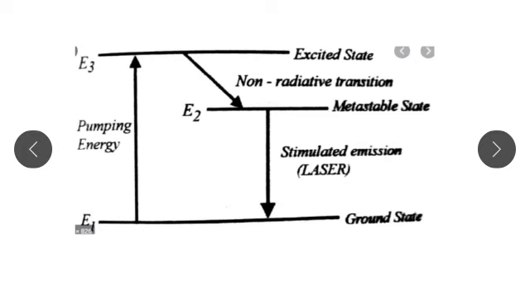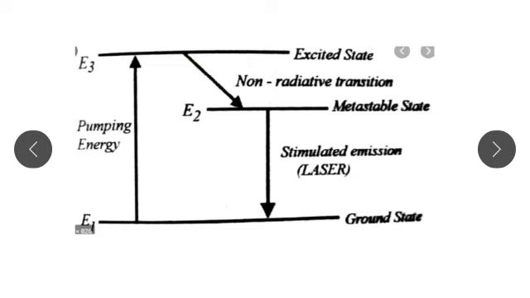At normal temperature the atoms remain in the ground energy state, and when a photon of energy h nu is incident on a metal atom, the metal atom absorbs the total energy of that incident photon and gets excited. That means a transition takes place from lower energy state to higher energy state, and this is the excited state.